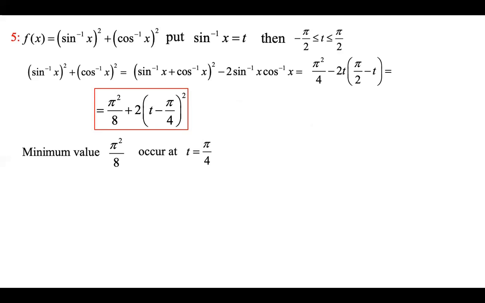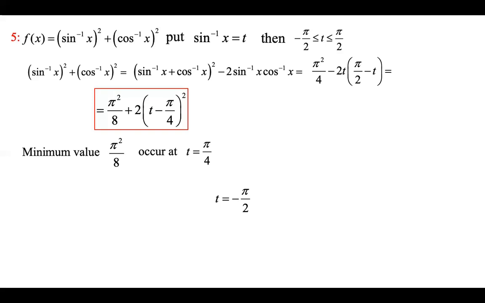And also you observe in that expression, because t is from -pi by 2 to +pi by 2, pi square by 8 is a constant. For the non-negative quantity which we are adding, when that quantity becomes maximum, then the overall sum becomes maximum. So because t is from minus pi by 2 to plus pi by 2, at t equal to minus pi by 2 the overall sum will become maximum.